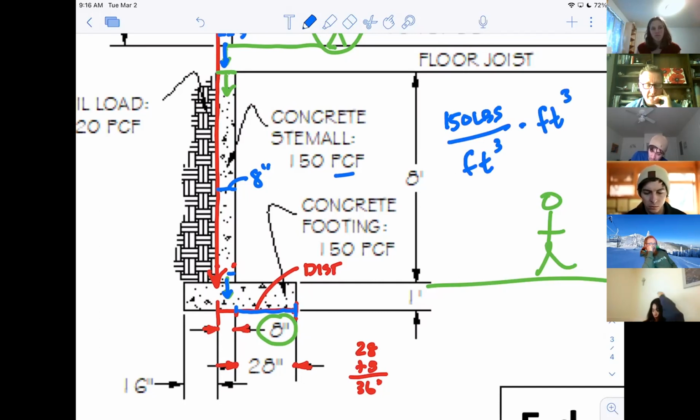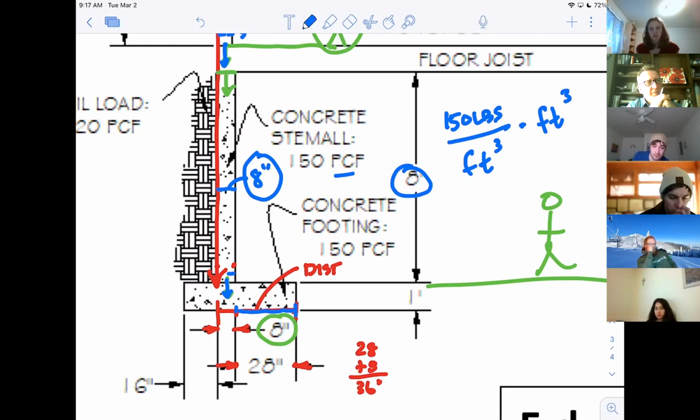So what's the dimension of that wall? Well, it's 8 inches wide. It's 8 feet tall. And again, it's 1 foot back into the building. So the little block of concrete that's sitting there is 8 inches by 8 feet by 1 foot. So you've got to make cubic feet out of that so that you can multiply it by 150.